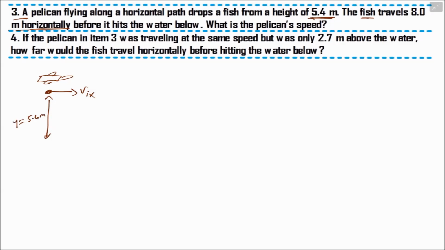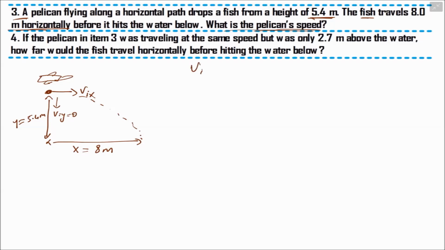That means this is the y, and it will follow this path. Then horizontally it moves 8 meters, so x will be 8 meters. And it's asking what is the pelican speed, so actually it's asking what is the v initial x. V initial y in this question is 0 because it was flying horizontally.